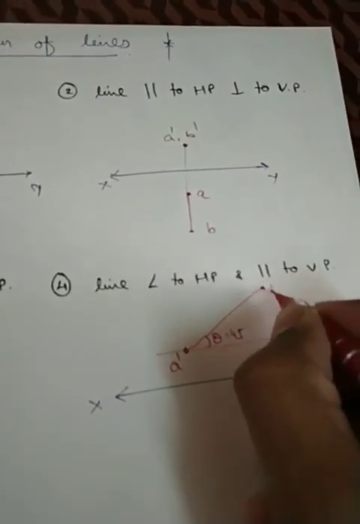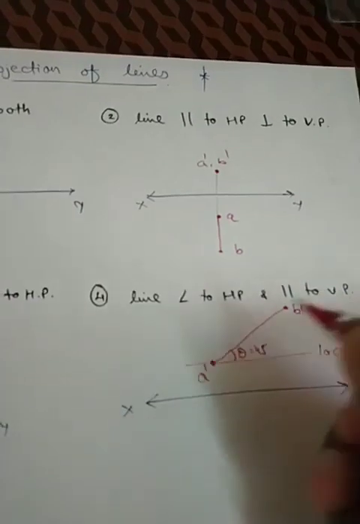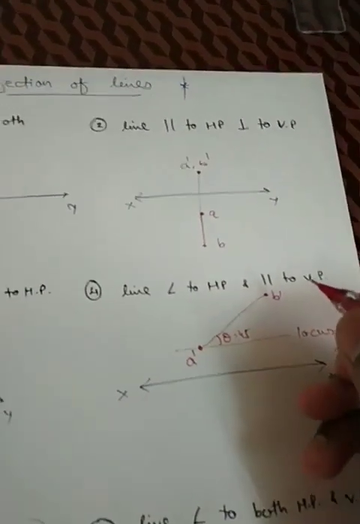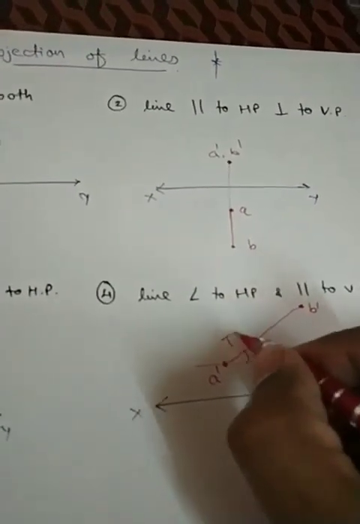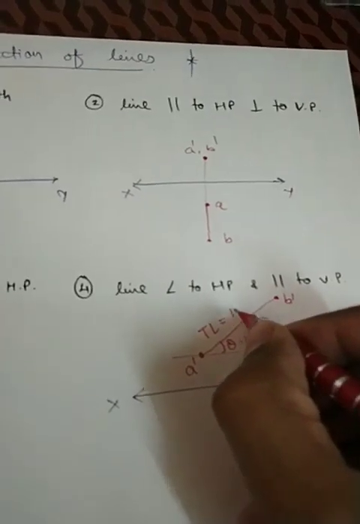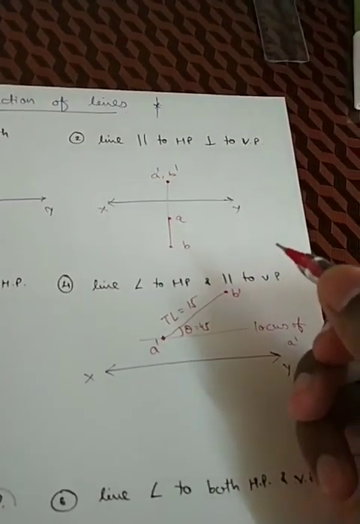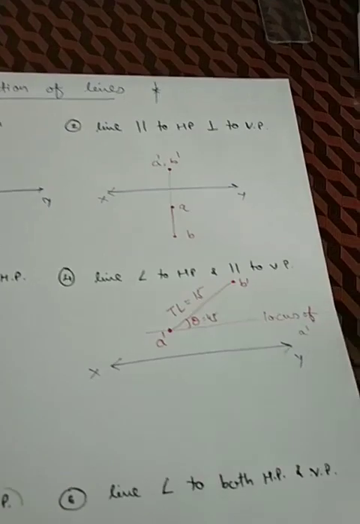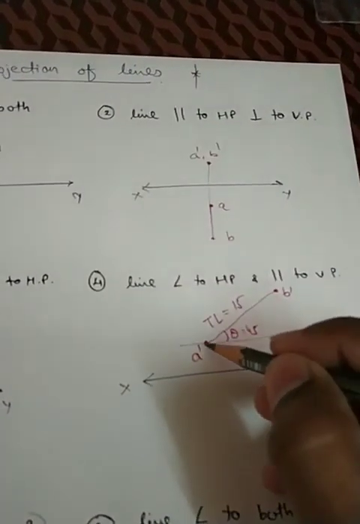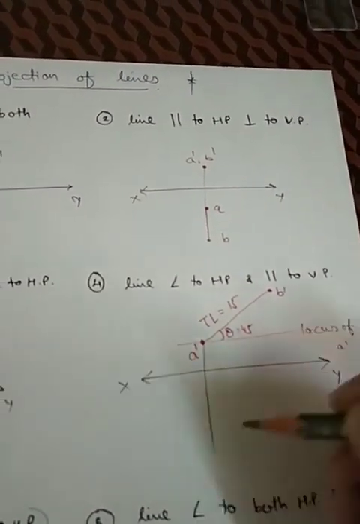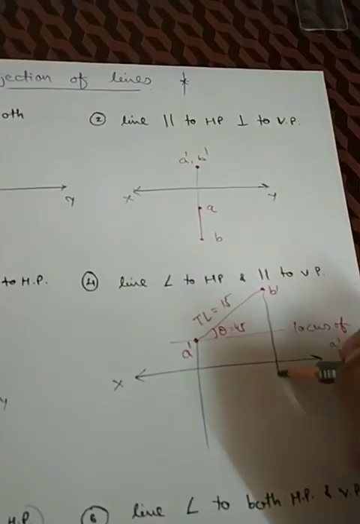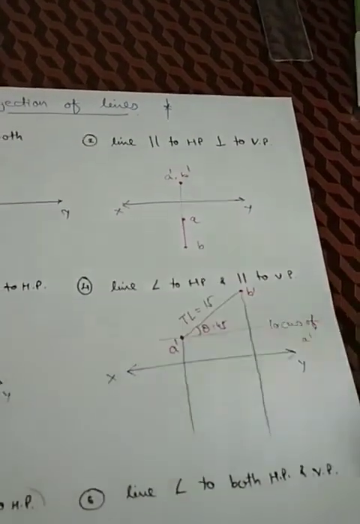The end point of the line is B dash, say for an example the actual length of the line, we also call it a true length. So the true length of the line will be 15 mm. So we have to draw this as a 15 mm line. After that, for drawing the top view, we have to draw the projections. So we extend these projections vertically in a downward direction, right?